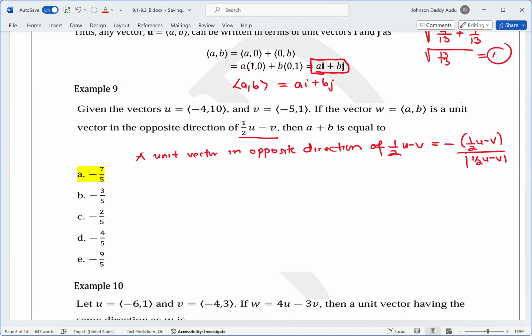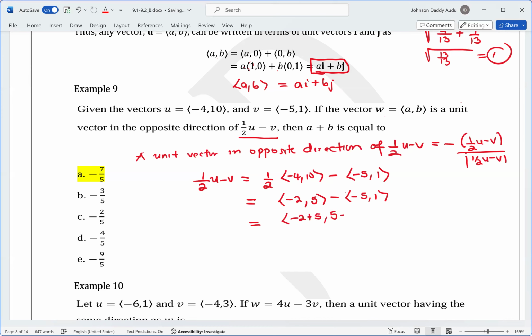So let's calculate what this one is. First of all, half of U minus V is just going to be half of minus 4, 10, then minus 5, 1. And now this is going to be minus 2, 5, minus 1. And now this will be minus 2 plus 5, and then 5 minus 1.